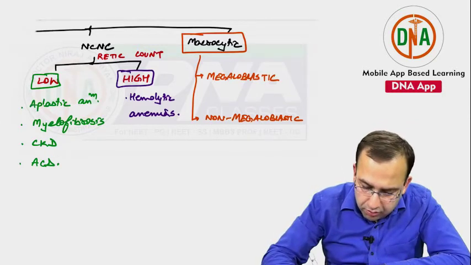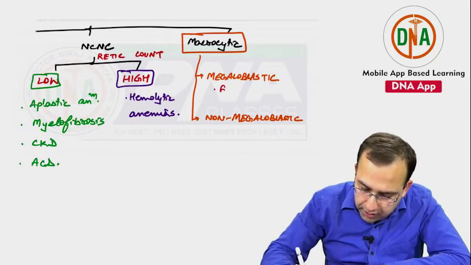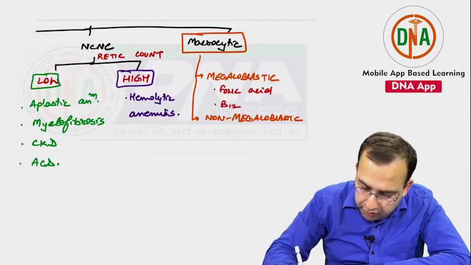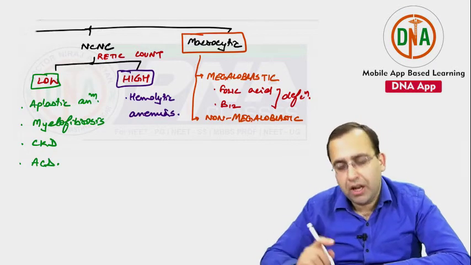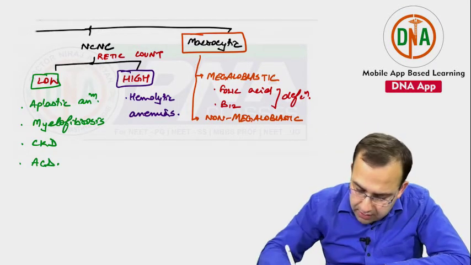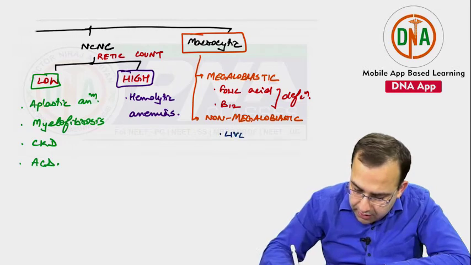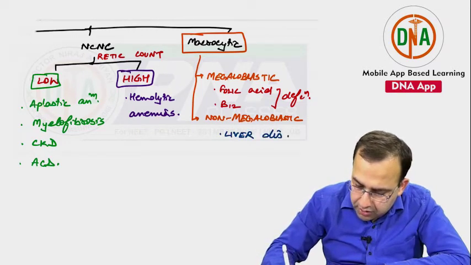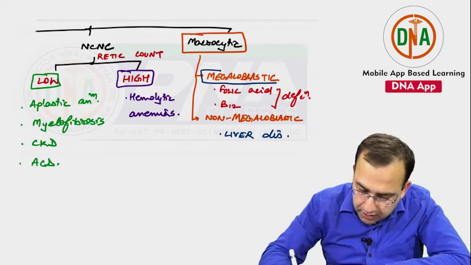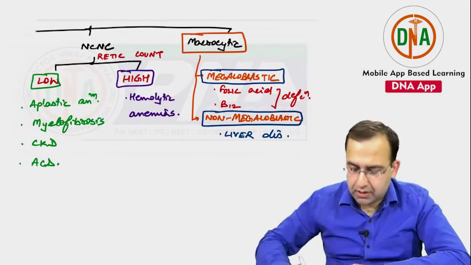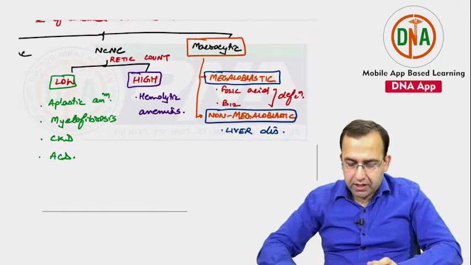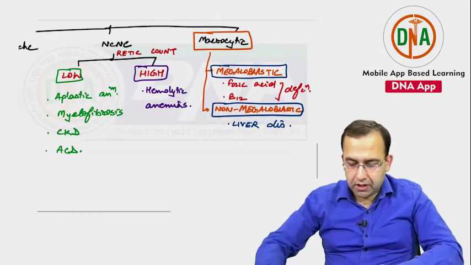You very well know folic acid and B12 deficiency. Folic acid and vitamin B12 deficiency is megaloblastic versus liver diseases, which is non-megaloblastic in nature. So we divided macrocytic anemias into two types, megaloblastic and non-megaloblastic.